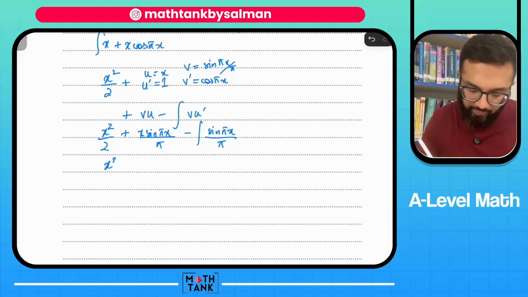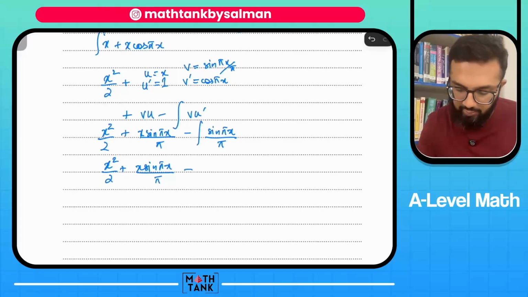So I get x squared over 2 plus x sine pi x over pi minus cos pi x over pi squared.